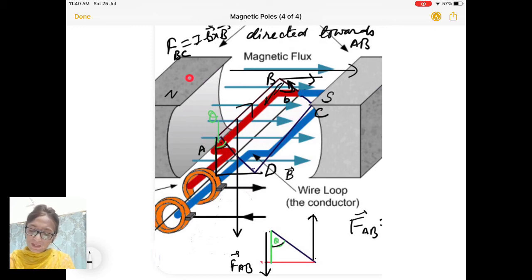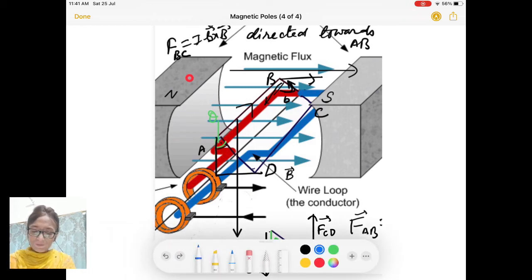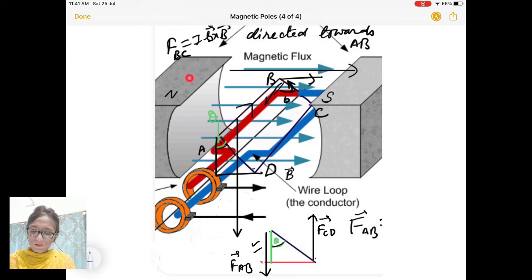This is your force AB, this is your force CD. The two forces are in opposite directions and on two different points. So the force will be cancelled but the torque is not cancelled. And torque is equal to any one force into the perpendicular distance, this distance. This perpendicular distance, and this is called torque.